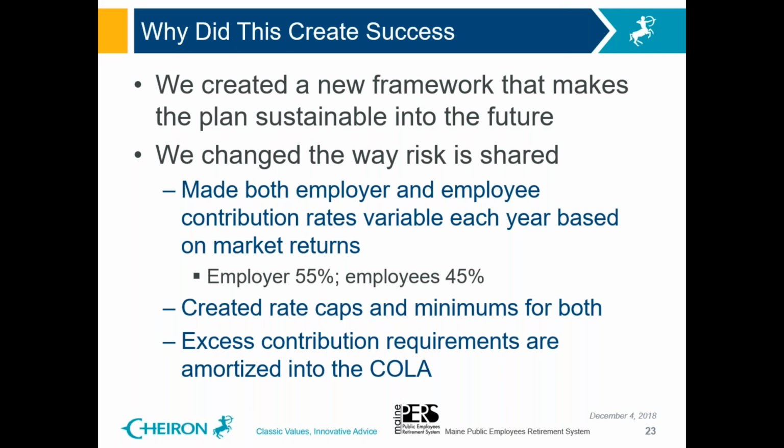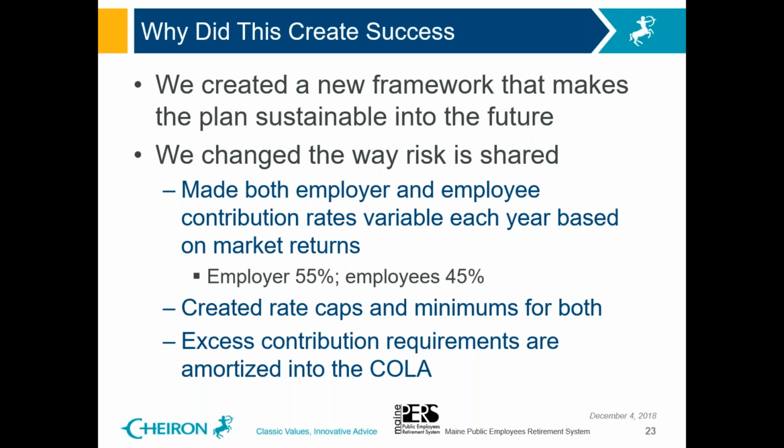And this was an innovative arm of this particular model. What we do with those excess rates, and we'll show you that in a live modeling in a second, but we smooth those. We start treating that excess just the same way we treat it for employer and employee rates.